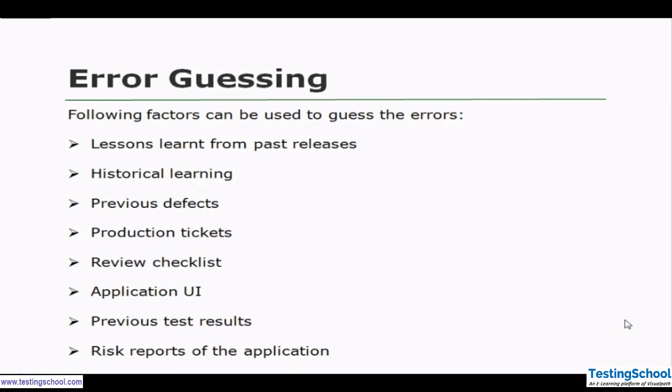The previous test results, risk reports of the application, the variety of data used for testing. So these are the points on the basis of which you can guess your errors. Error guessing is dependent on these points.